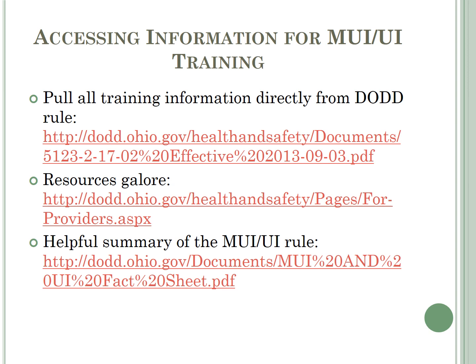The second bullet point is to a bunch of resources because the rule itself doesn't always read clearly for someone who's not well versed in legal terminology. The third bullet point is a summary of the rule, so that's also going to help break down that rule into language that any person walking down the street can understand. We don't all have to be lawyers to understand it.